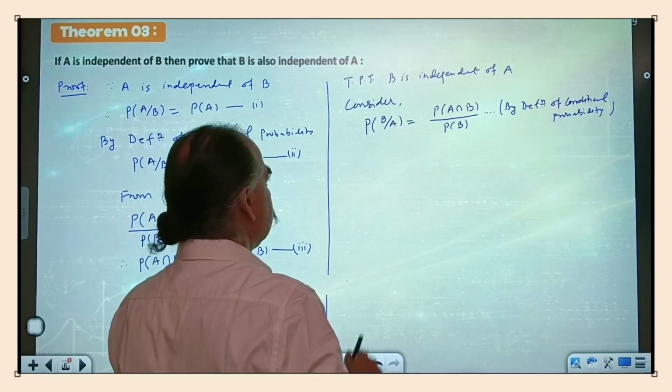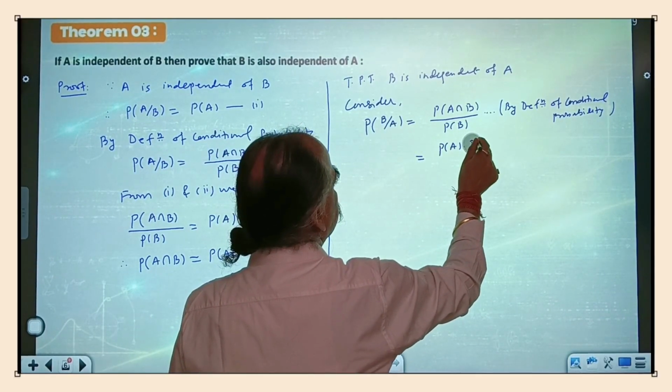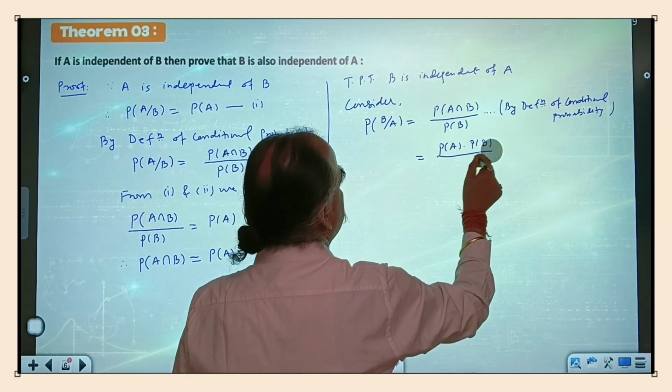But from equation number 3, this is what? P(A) into P(B) upon P(B).